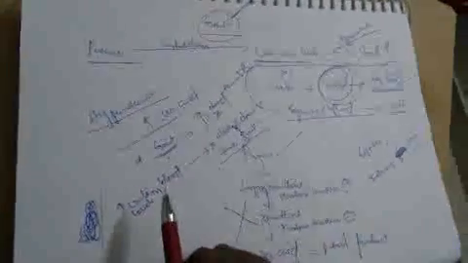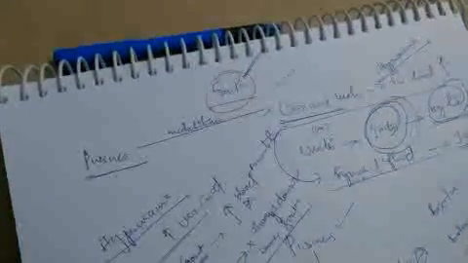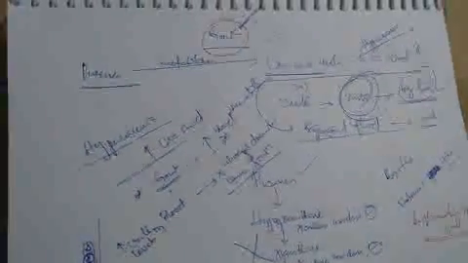We have one more point. Patients suffering with gout have intermittent attacks of arthritis. What is meant by arthritis? Inflammation of the joints. That inflammation of joints is a primary symptom in gout.